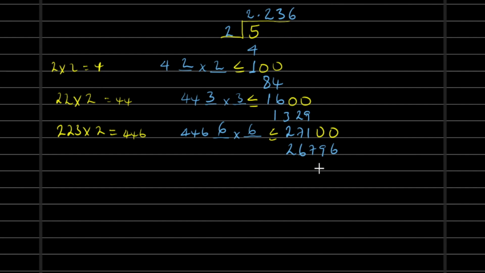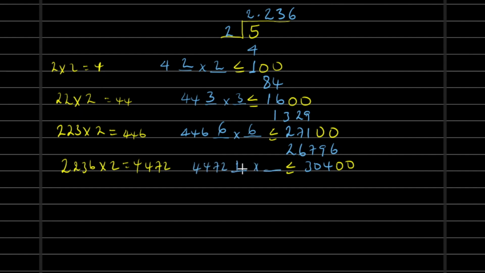When we subtract, we get 304. Similarly, add 2 zeros and find a number which is less than or equal to 30,400. First double the number. When we double 2,236, we get 4,472.